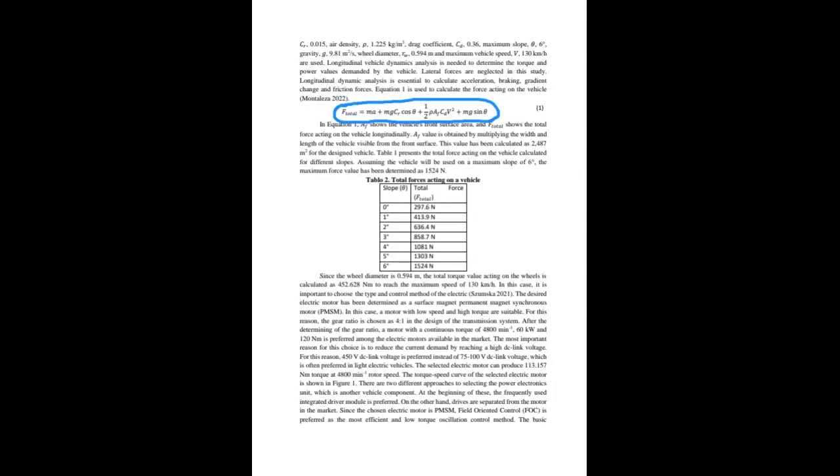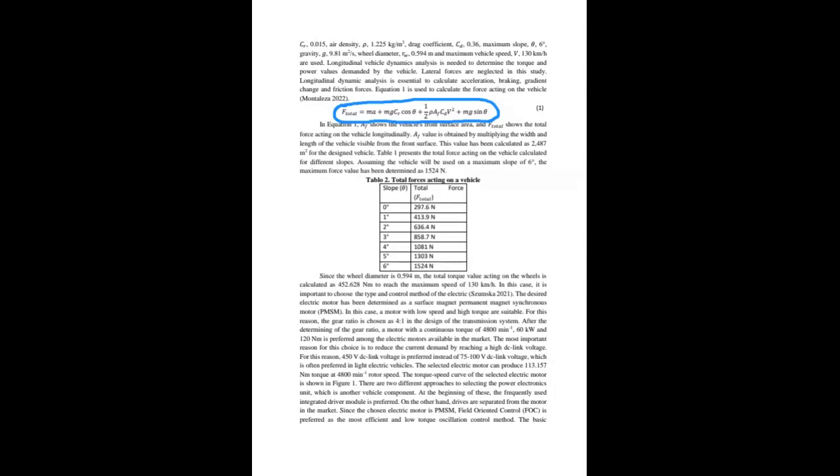Okay. And then this is just a force value. We need torque value. What's the torque value? Torque value depends on the wheel diameter. What's the formula? Force times wheel diameter over 2.